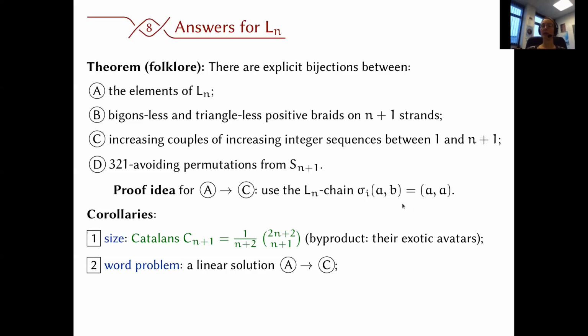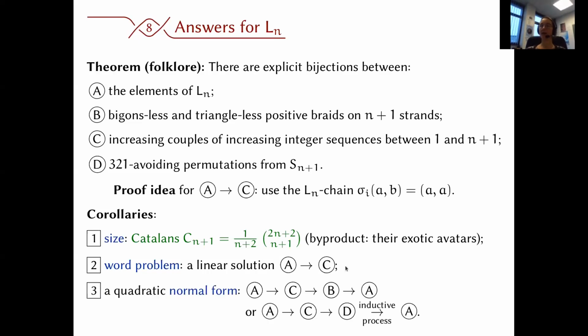When each element has acted, you look at the colors upstairs, and from these colors you easily read this couple of increasing integer sequences. So all this is linear, a very easy linear algorithm.